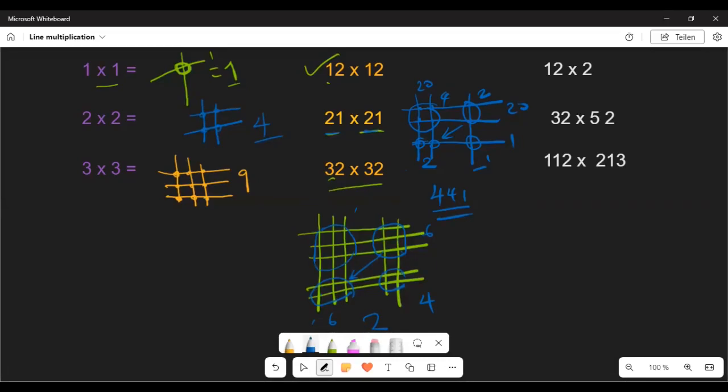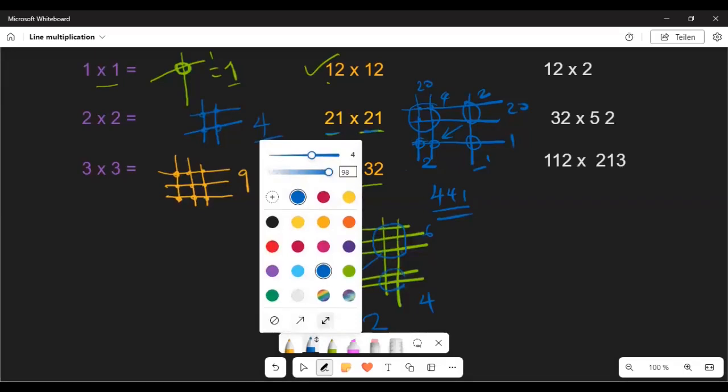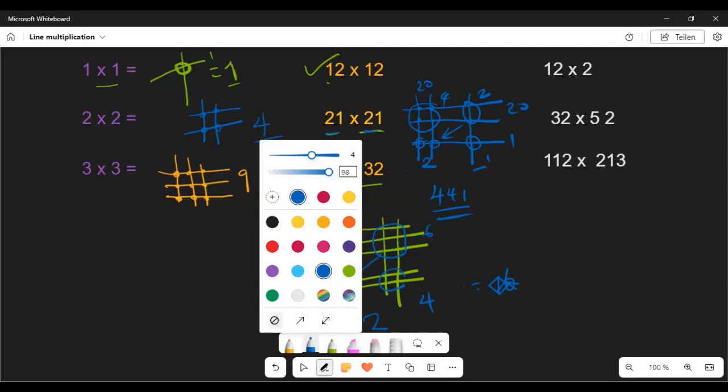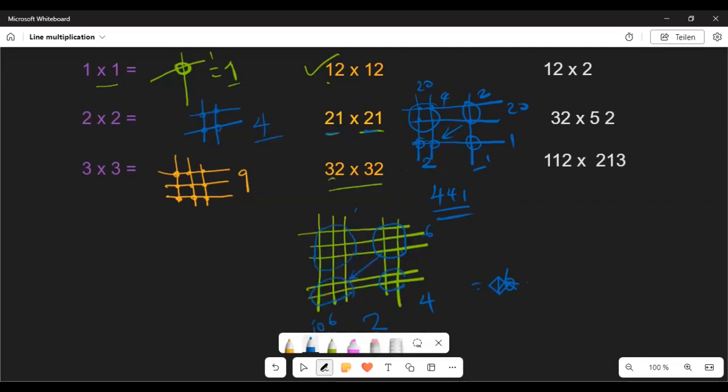Plus 1 is 10. So that means our answer here is going to be 1024.